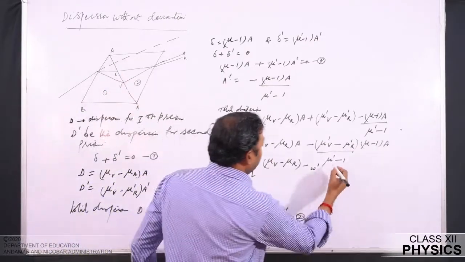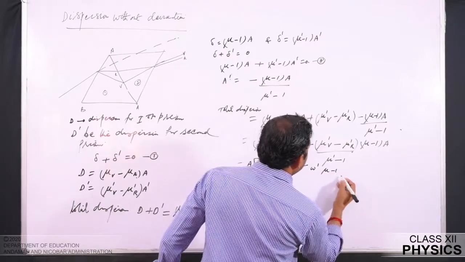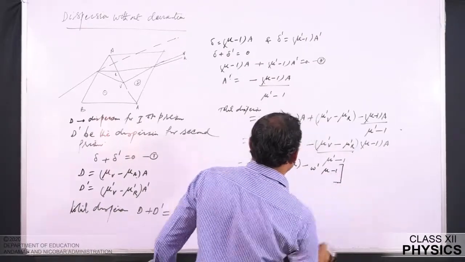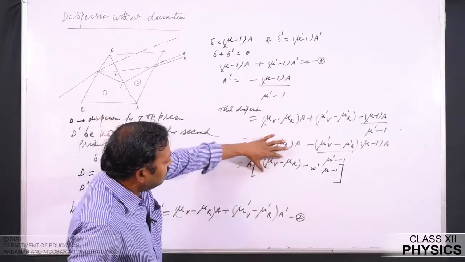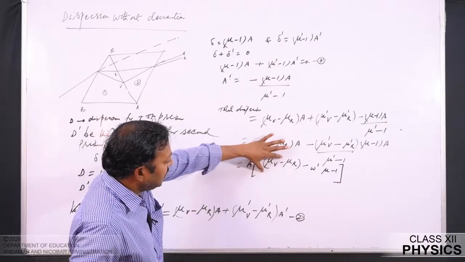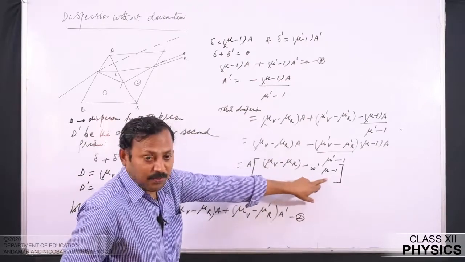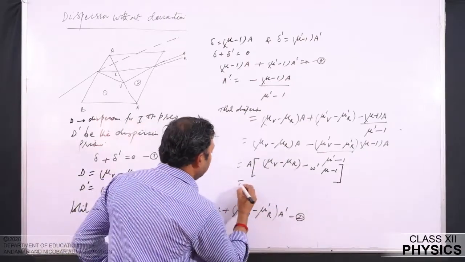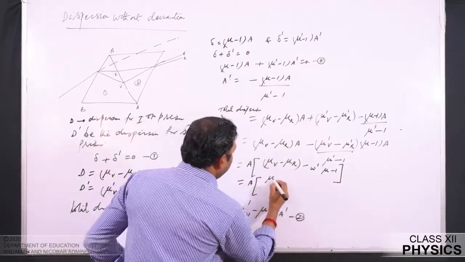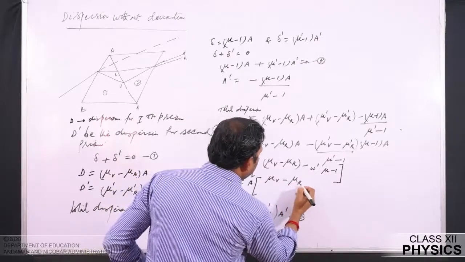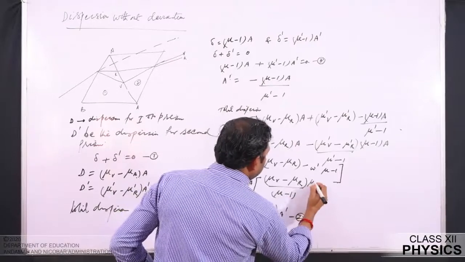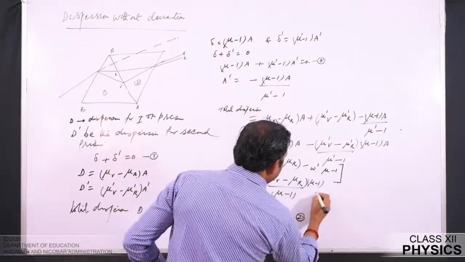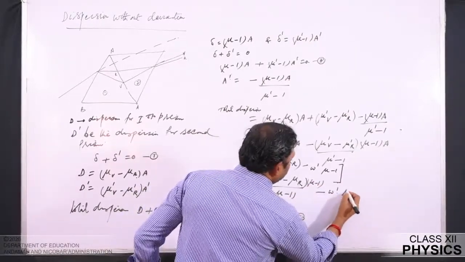After that we have (mu minus 1) bracket close. Now multiply the first term in its numerator as well as denominator by (mu minus 1). The expression gets A bracket (mu V minus mu R) divided by (mu minus 1) multiplied by (mu minus 1), and minus omega dash (mu minus 1).